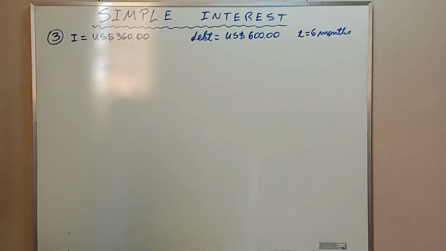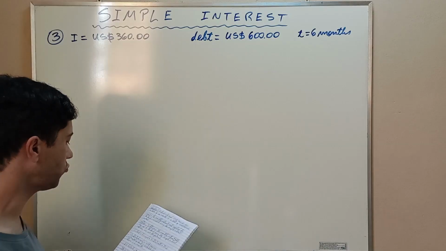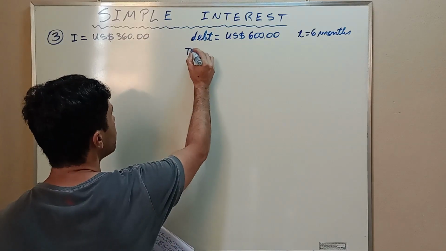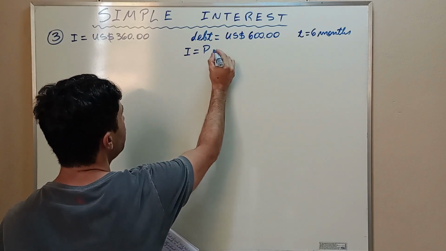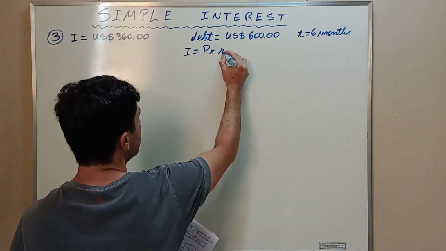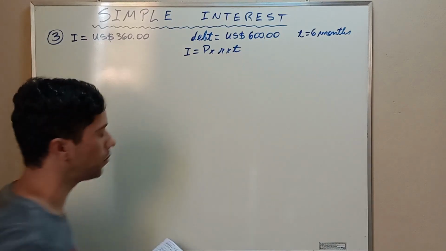Okay? So that's what we are going to do. And to determine the monthly interest rate charged by the bank using the simple interest method, we use the following formula. Interest is equal to the principal times the rate times the time.